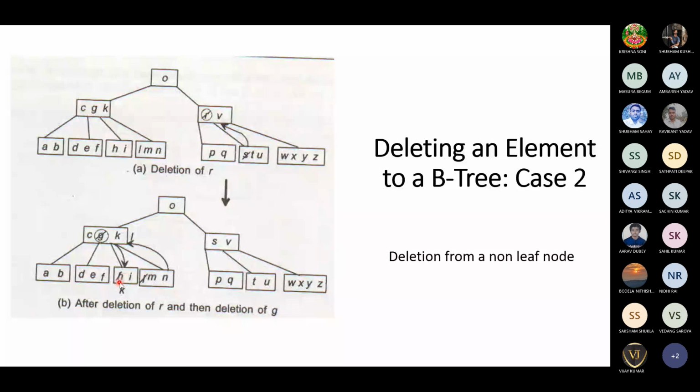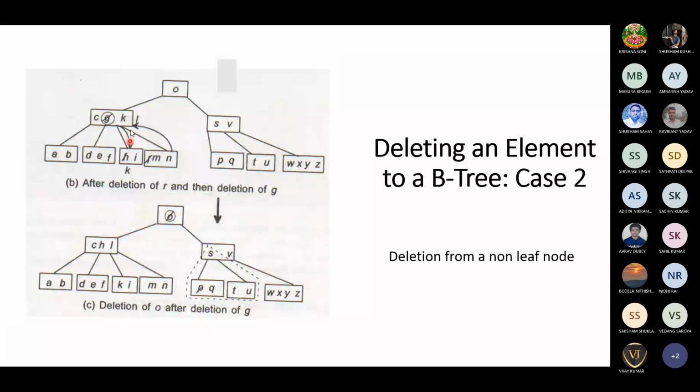H will be replaced with the original position of H. Then the leftmost node of L will be pushed into the tree. So deleting G will create a tree like this. G should be replaced by the value of H, but K will be pushed down, L will be pushed up.